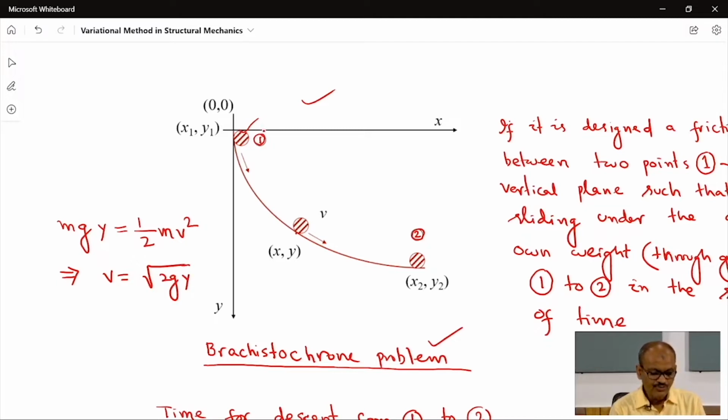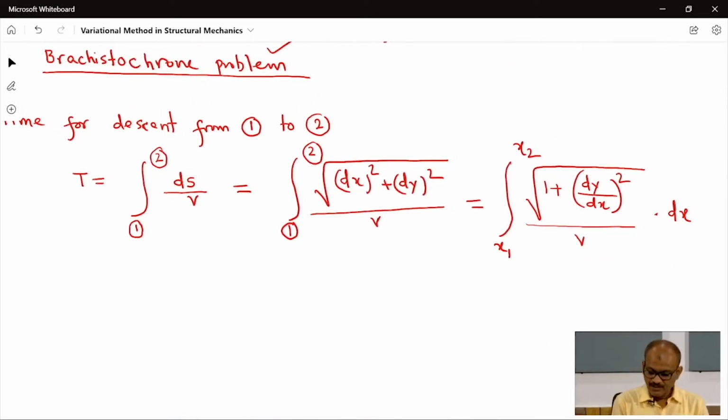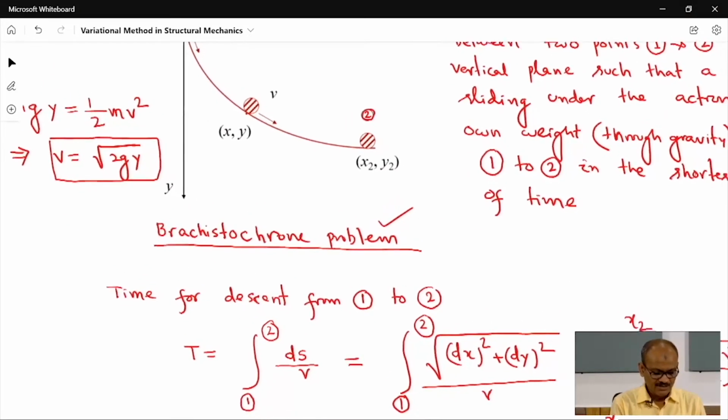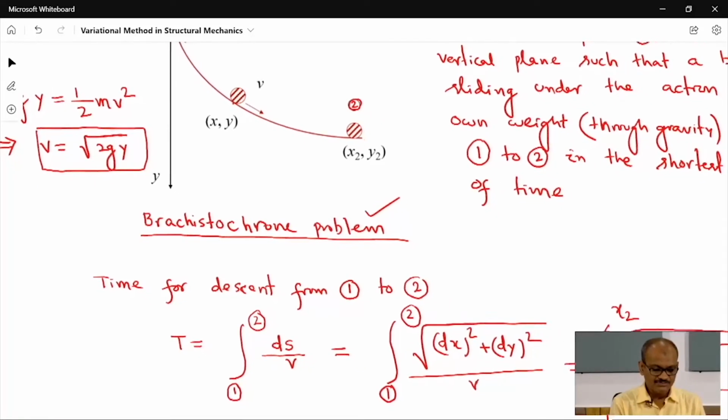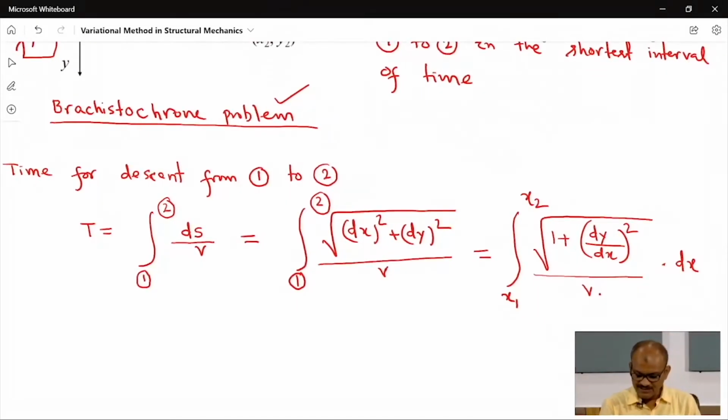It means from point 1 the velocity was 0, and it attains a speed v when it moves down by y distance. This is very simple. Now we substitute in the expression of total time, since v is equal to root of 2g y.